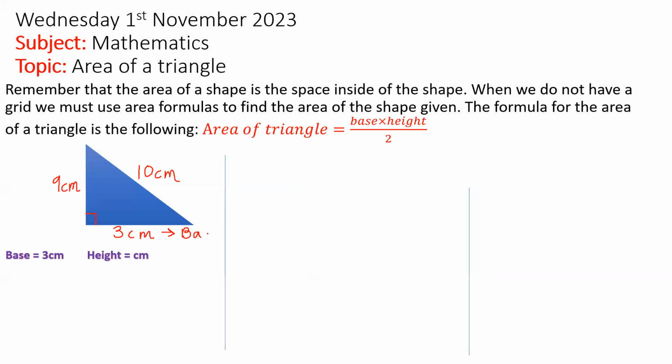What is the height? That's the question. Given that we know the base is 3 centimeters.